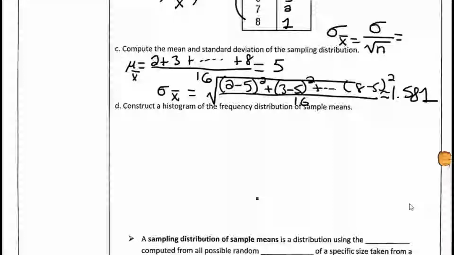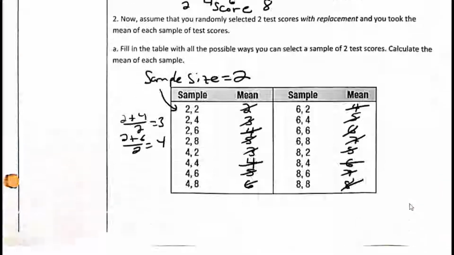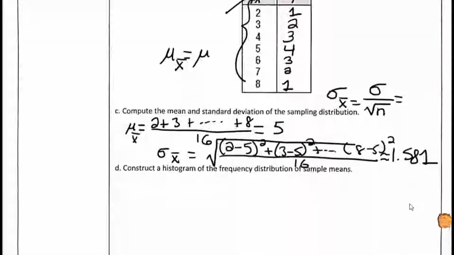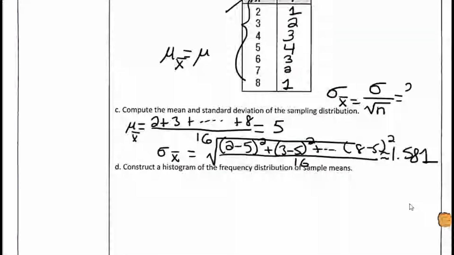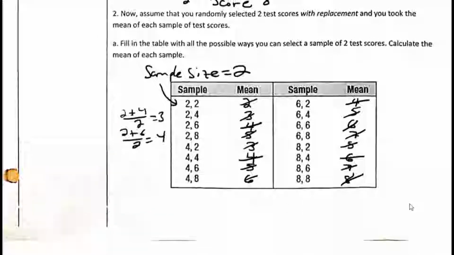So in this case, our original standard deviation was 2.236 divided by the square root of 2, since we had a sample size of 2. Why is our sample size 2? Because remember, we said that the sample size here is 2. We took 2 test scores at a time, and that's our n.